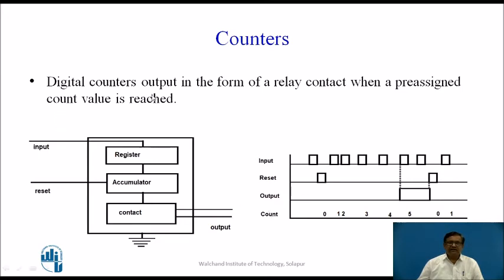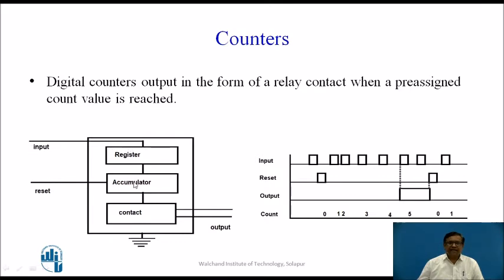Digital counters output in the form of relay contact when a pre-assigned count value is reached. So this is the counter, which consists of a register, accumulator and contact, and the contact is the output. This contact can be either closed or open depending upon the input pulses.